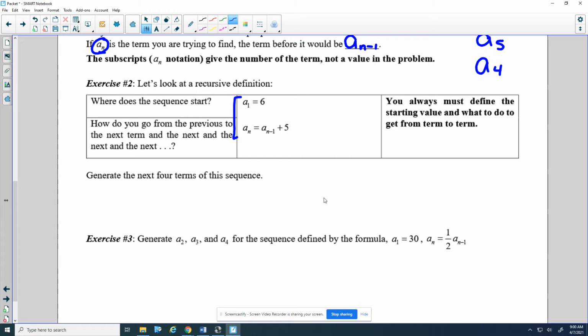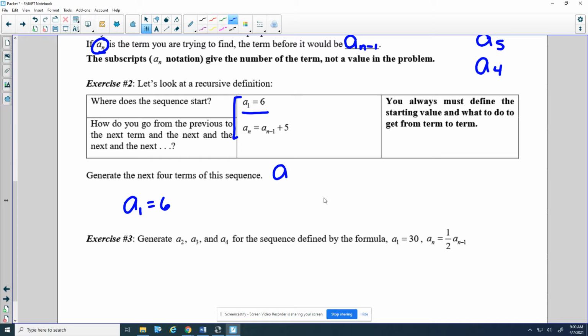Once you get recursion, you can just look at it and write it out. In some ways, as I said, there are positives of it over the explicit definitions. But here, we're going to actually use the notation. We already know a sub 1 is 6, and we want the next 4 terms of the sequence.